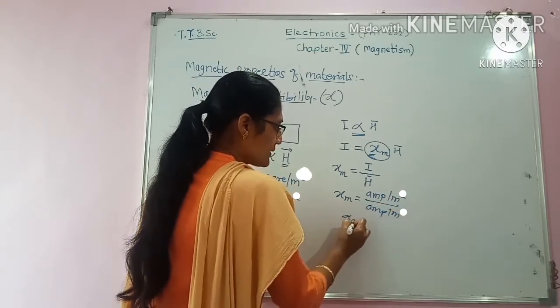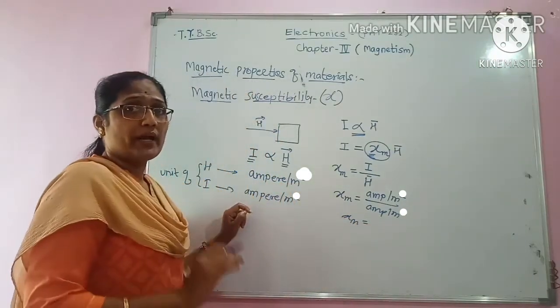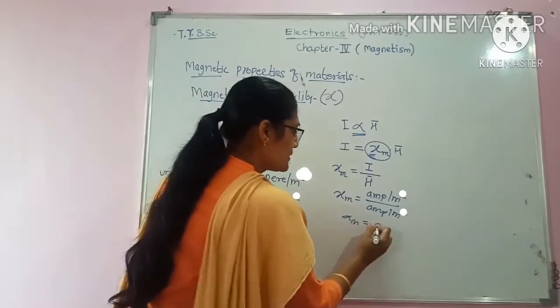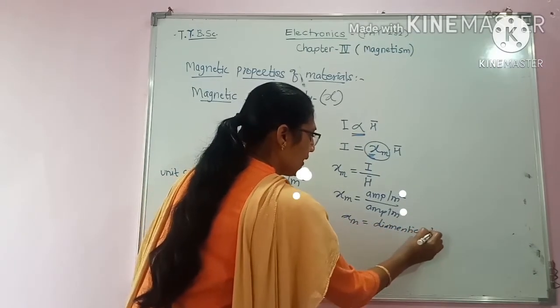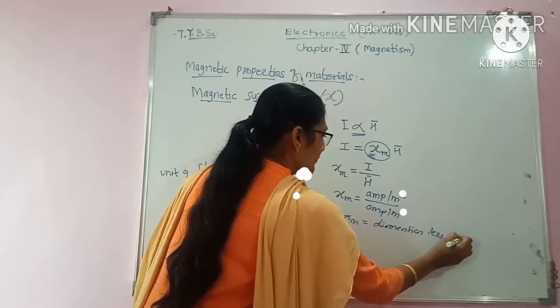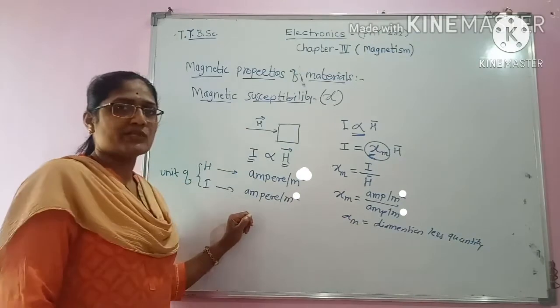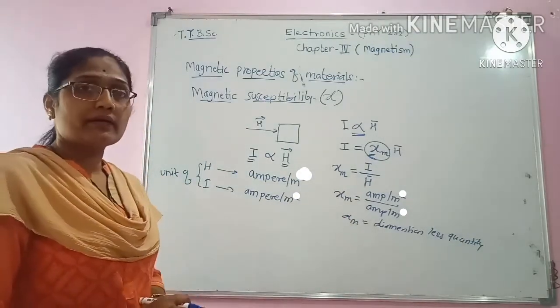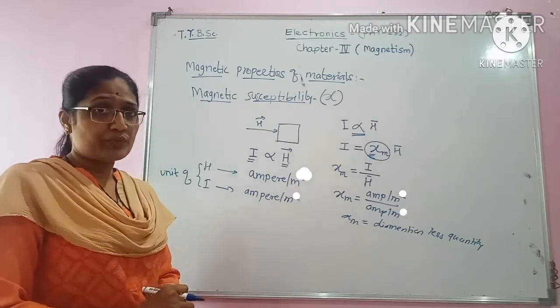That is, chi m will not have any dimension. It is a dimensionless quantity, and it is characteristic of the material.